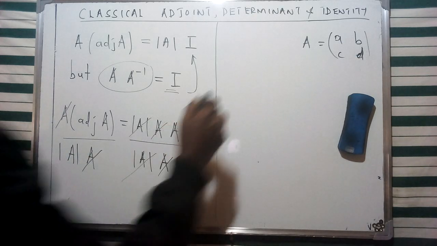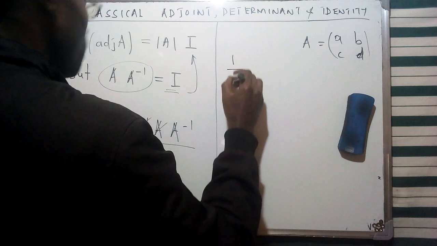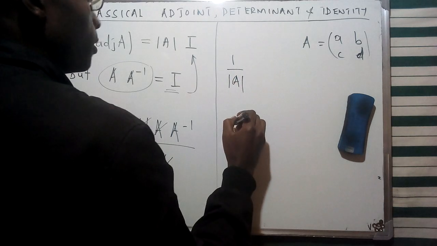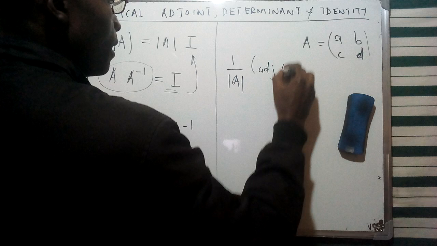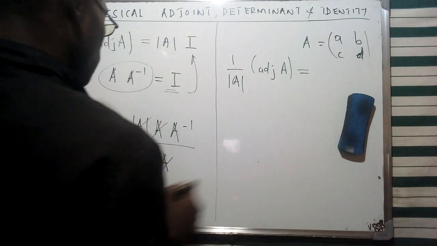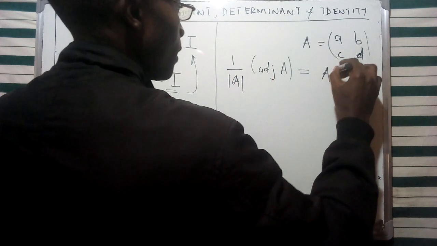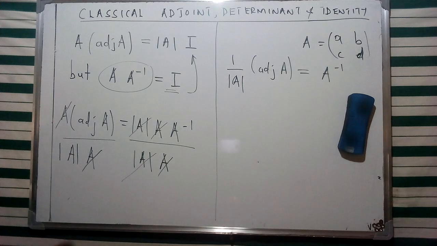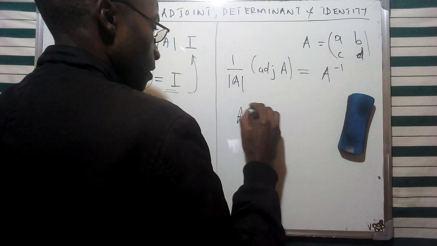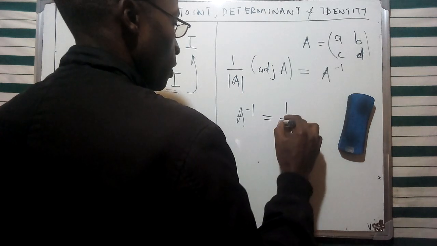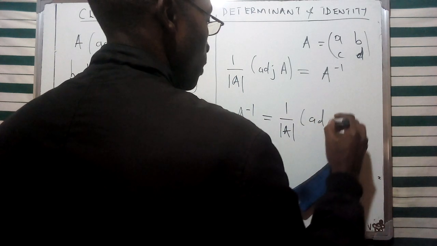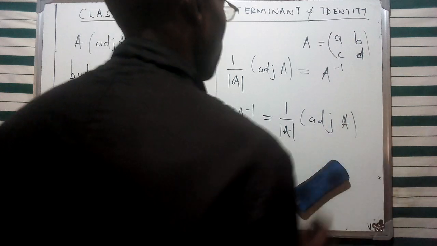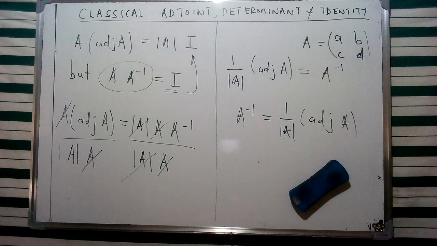So therefore on my left side I'm going to remain with 1 over the determinant of that matrix times the classical adjoint, which is equivalent to the inverse of that matrix. Therefore I can define the inverse of a matrix as the product between 1 over the determinant times the classical adjoint.